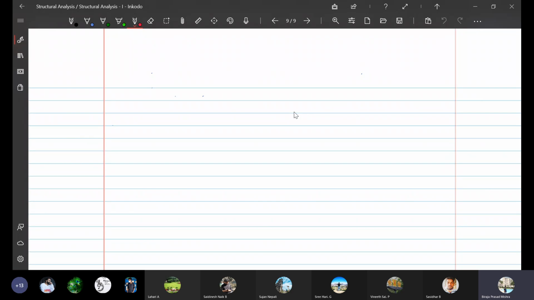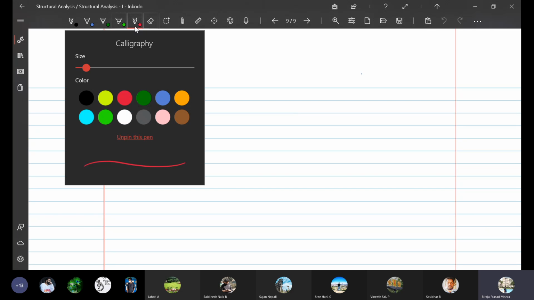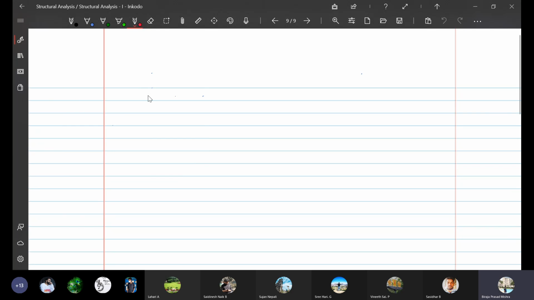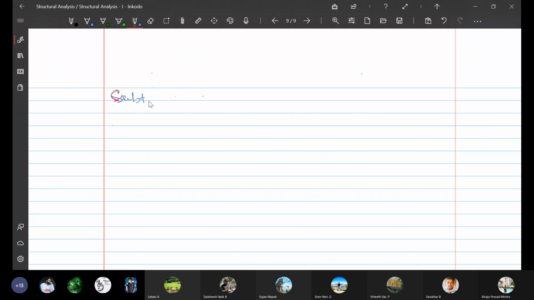Now let's proceed further. So from equation 1, we can write it like this, subtracting equation 1 from equation 2.